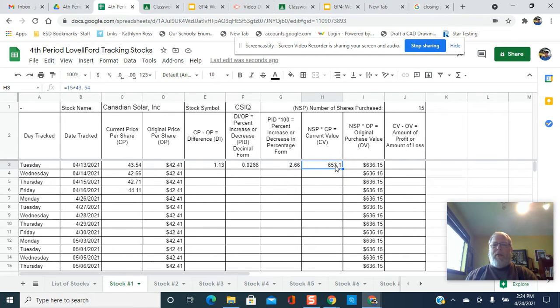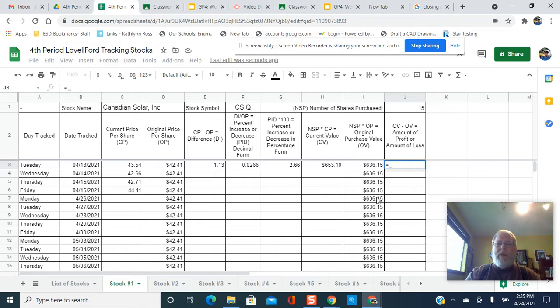Now, if we want to make that into dollars and cents, highlight that cell and go over here to the dollar sign. So our current value of that stock is $653.10. Well, how much profit have we made? So we're going to take the current value and subtract the original value.